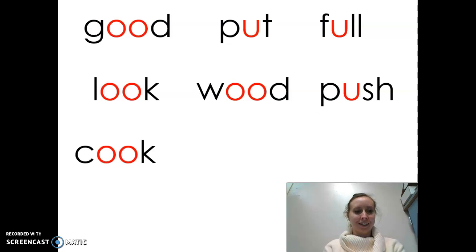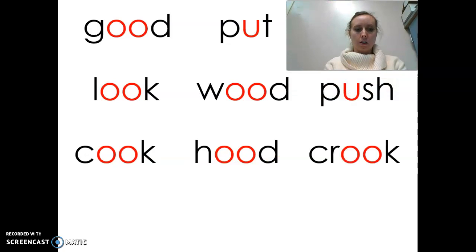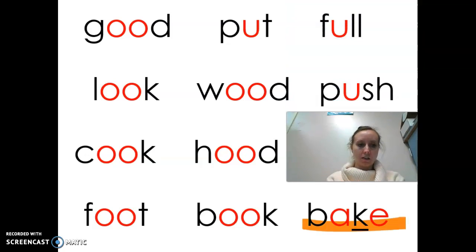Push. 3, 2, 1. Cook. 3, 2, 1. Hood. 3, 2, 1. Crook. 3, 2, 1. Foot. 3, 2, 1. Book. 3, 2, 1. Bake.